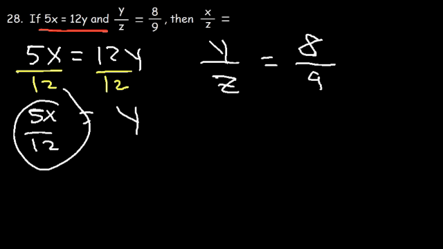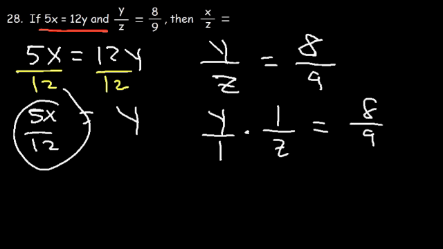But before I do that, I'm going to rewrite the equation like this. y over z is the same as y over 1 times 1 over z, which is 8 over 9. So therefore, y over 1, which is basically y, we can replace that with 5x over 12 times 1 over z, and that's equal to 8 over 9.